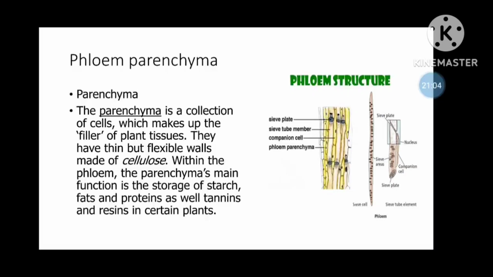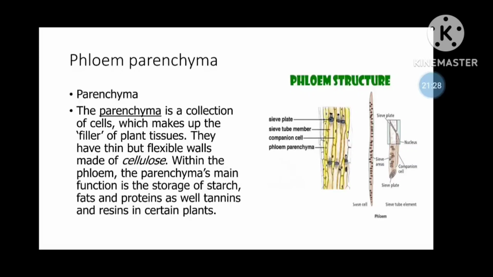Phloem parenchyma. Phloem parenchyma are a collection of cells which make up the filler plant tissue. They have a thin but flexible wall made up of cellulose. Right? Means the cell wall of parenchyma is made up of cellulose.